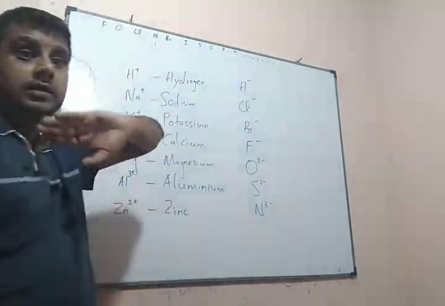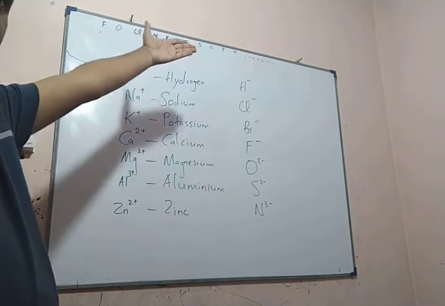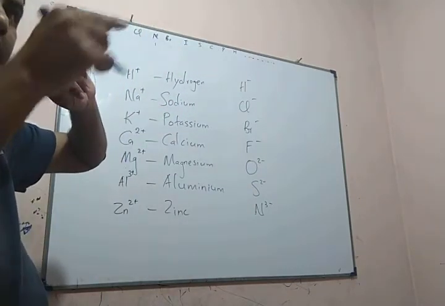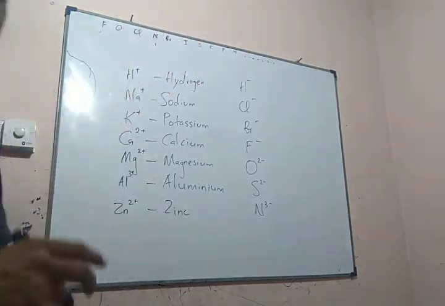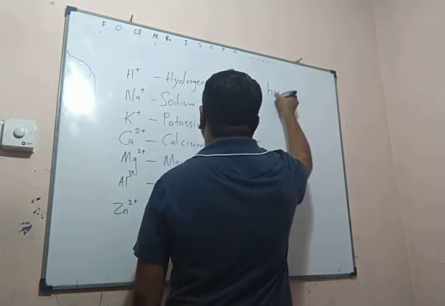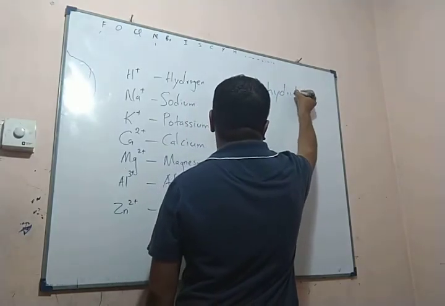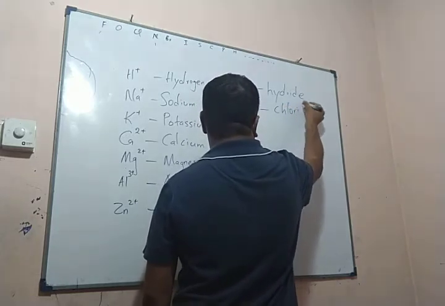The name of an anion is written somewhat differently. It ends with IDE. First, H minus, what's the name? Hydride. What's this? Chloride.